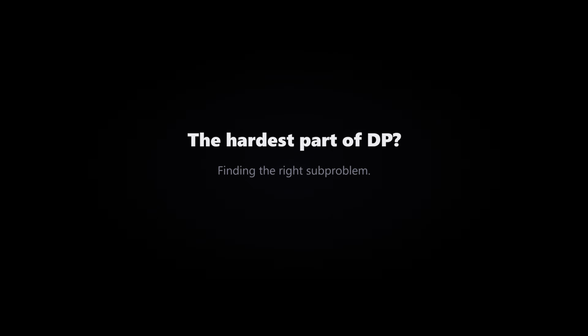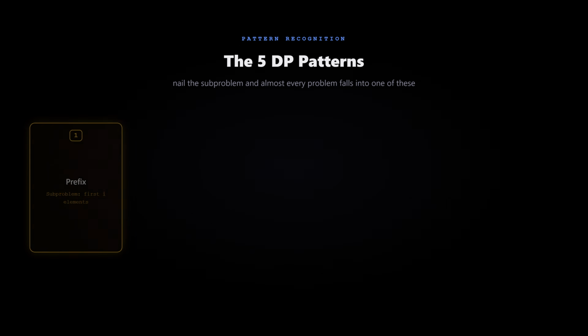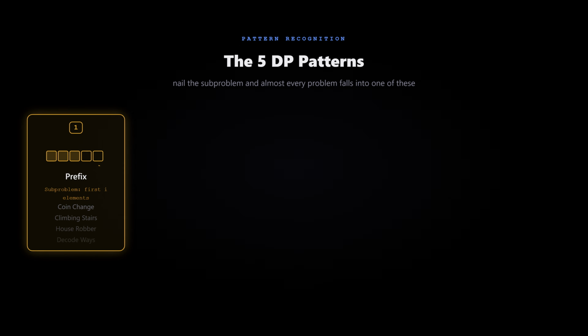The hardest part of any DP problem, by far, is step 2, finding the right subproblem. Everything else kind of flows once you nail that. And after solving enough of these, you start noticing something interesting. Most of them fall into a small number of recurring patterns. The first pattern is prefix DP.